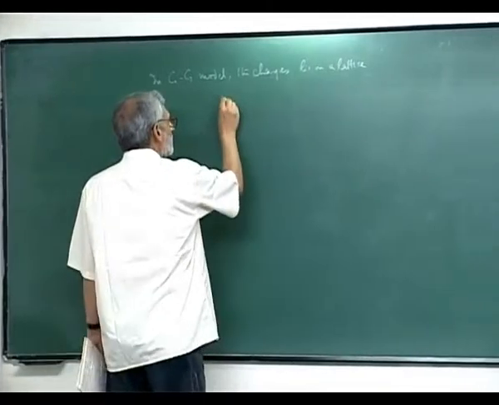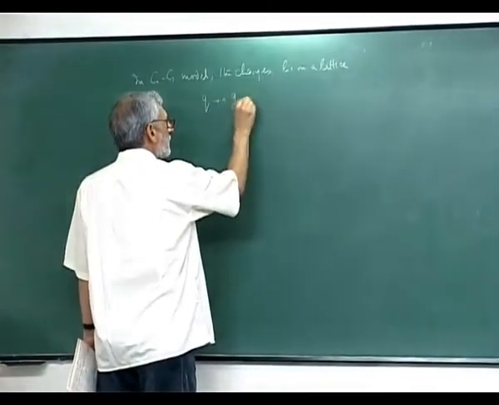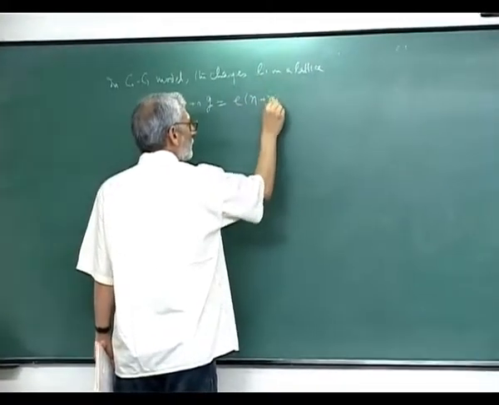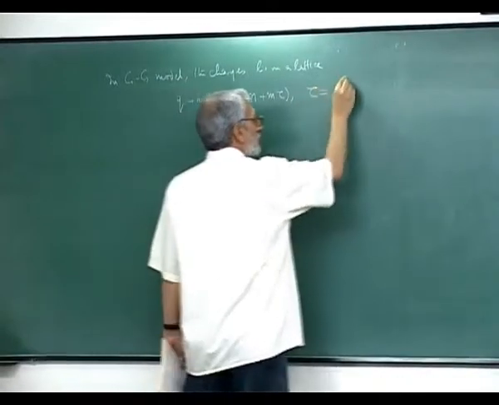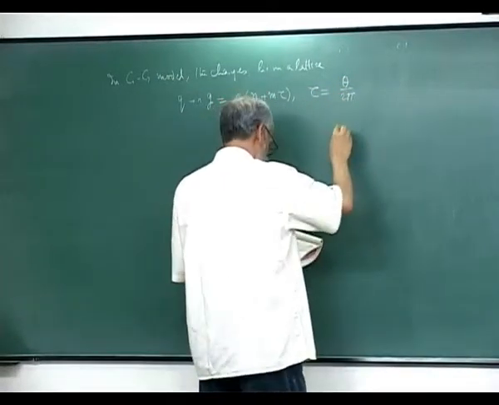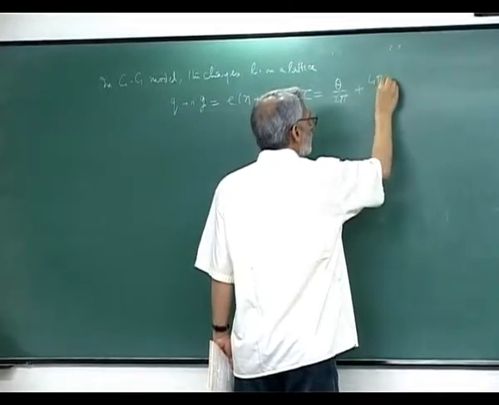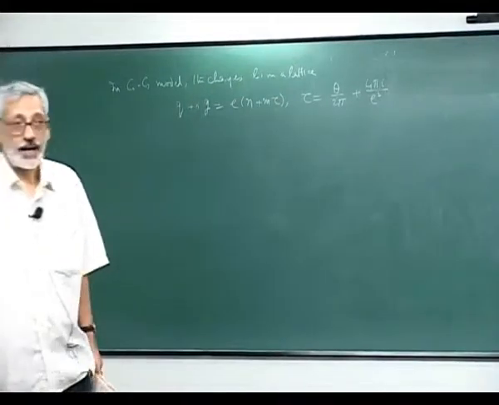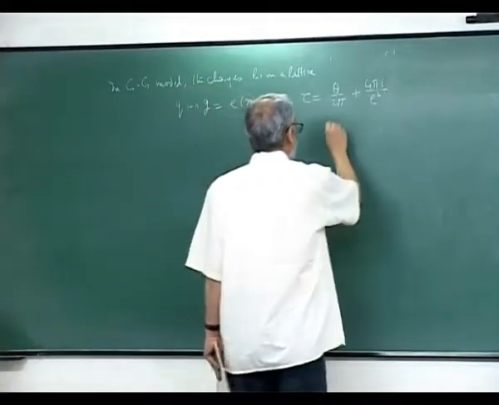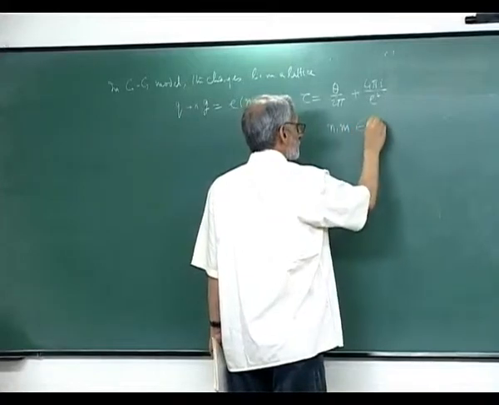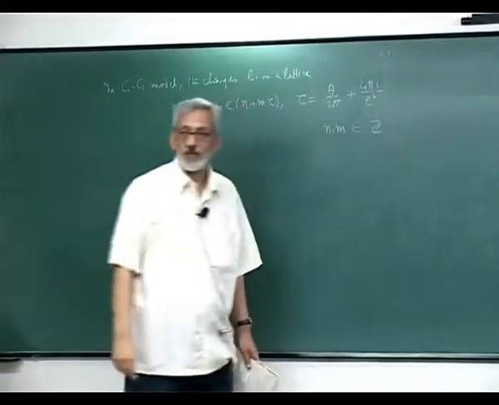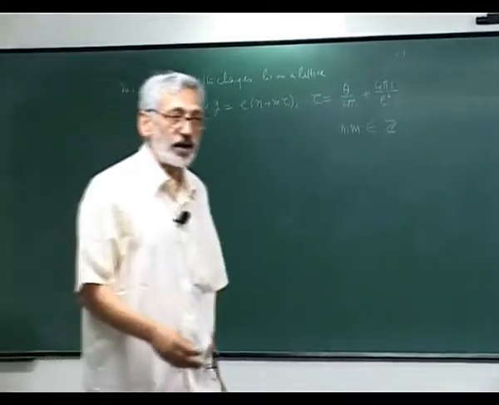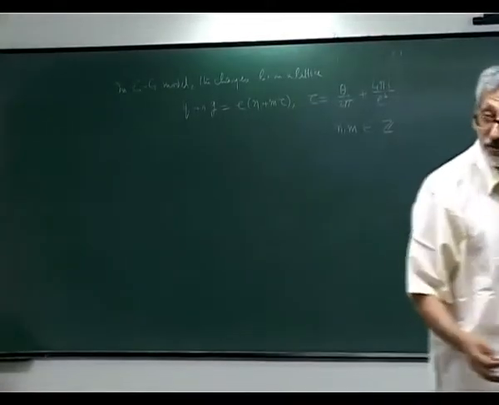The lattice was given by electric charge plus i magnetic charge equal to e times n plus m tau, where tau was theta by 2 pi plus 4 pi i over e squared, and m and n are integers. We found n and m are 0 or plus minus 1.